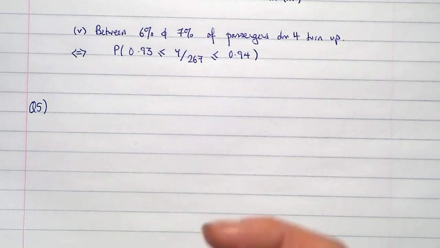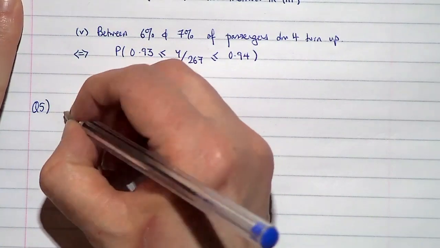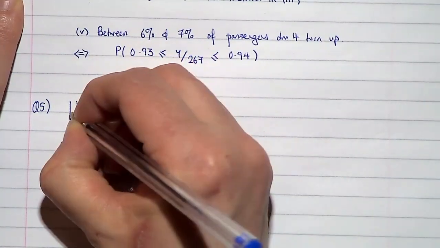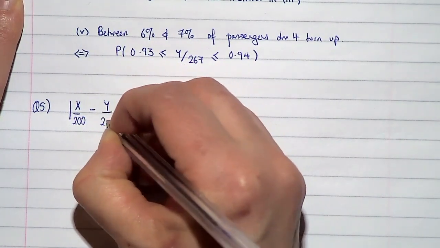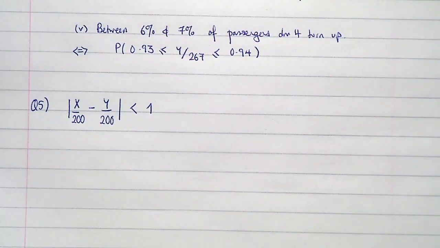So in question 5, for example, we wanted to find the probability that the number of people in sample 1 divided by 200, the ratio of people in sample 1, minus the ratio of people in sample 2 was less than a certain value, 0.1.